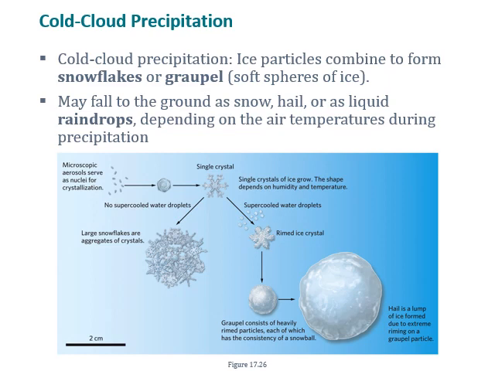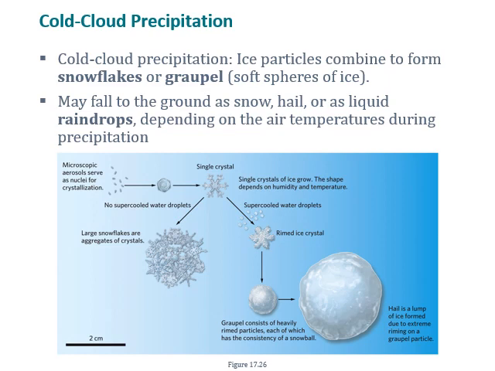So this diagram shows the microscopic aerosols, which serve as nuclei for water to accumulate on, just as in warm cloud precipitation. However, rather than liquid water, ice accumulates on these aerosols and forms into single crystals.